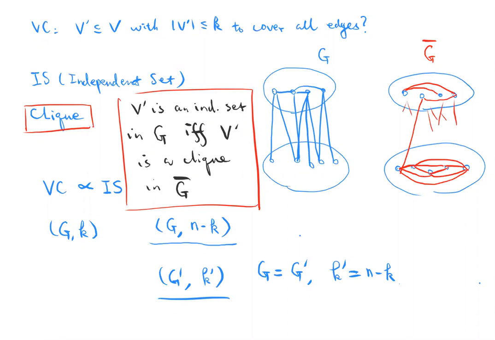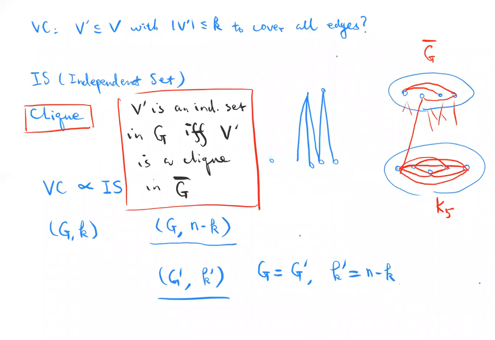I may have missed some edge because there should be 10 edges. Still one edge is missing, maybe this edge. So here we get K5 in its complement. Because there's an obvious connection, we have a very simple reduction from independent set to clique.